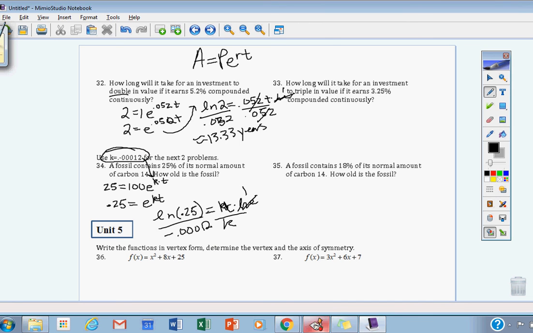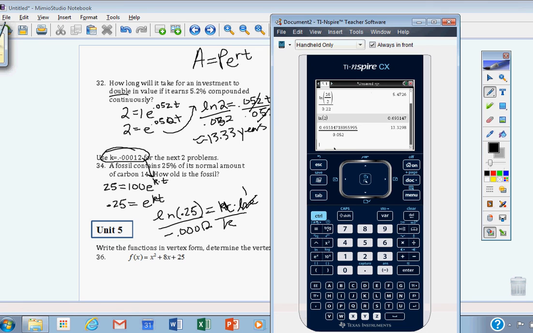So if I do that, natural log of 0.25, and then I go to the bottom. I really hope that's a 0.25. That's really hard to see. Negative 0.00012, and I hit enter here. Now, that did not work, so I'm going to try that again. I'm sorry. It did not click the decimal.